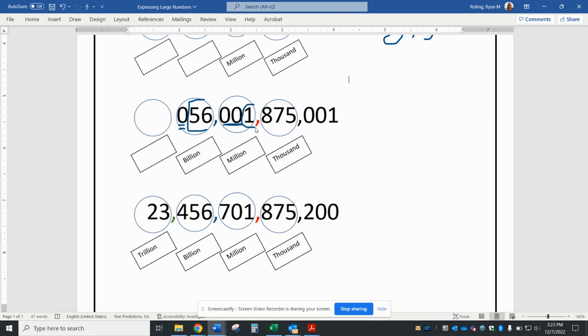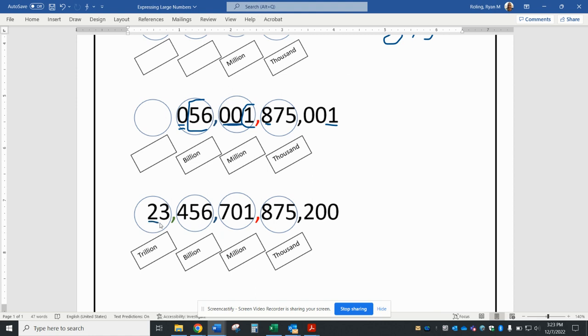So this number is expressed 56 billion 1 million 875,001. Again, 56 billion 1 million 875,001. And after the billion is the trillion, comma.